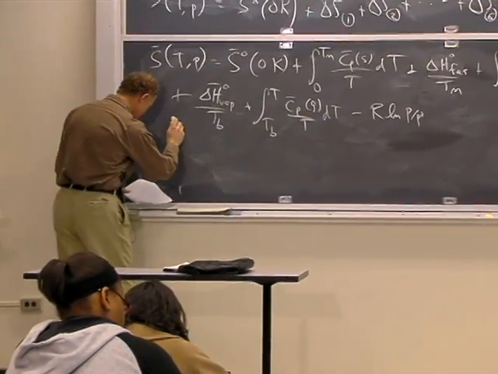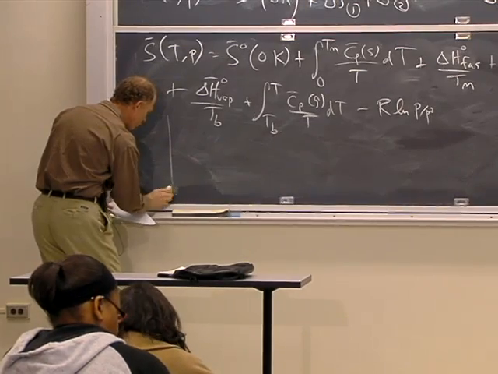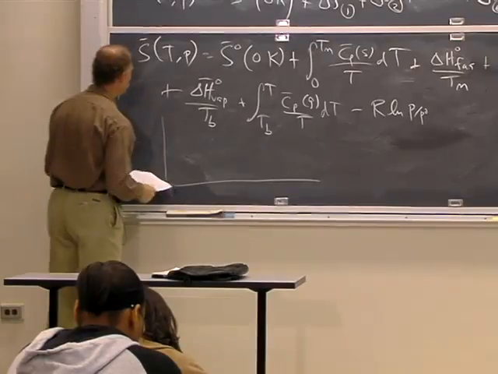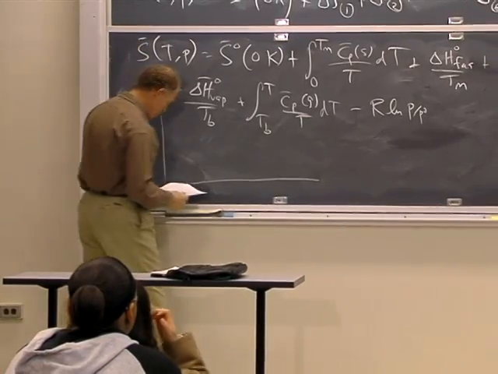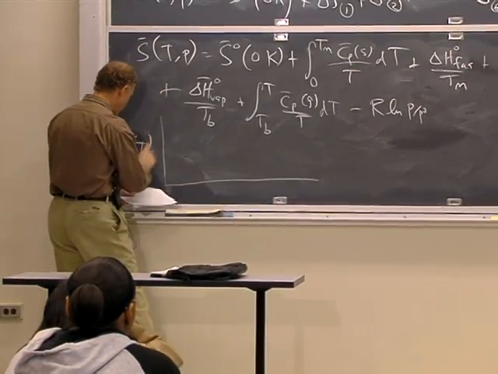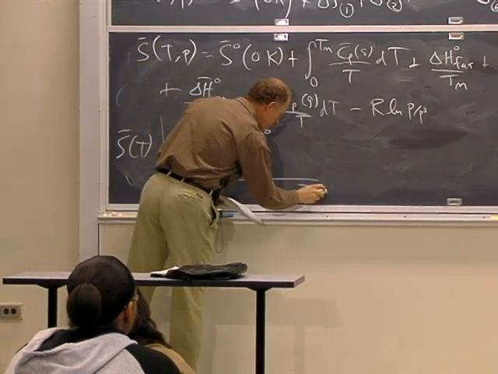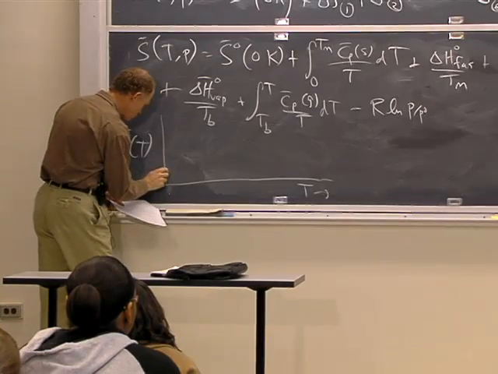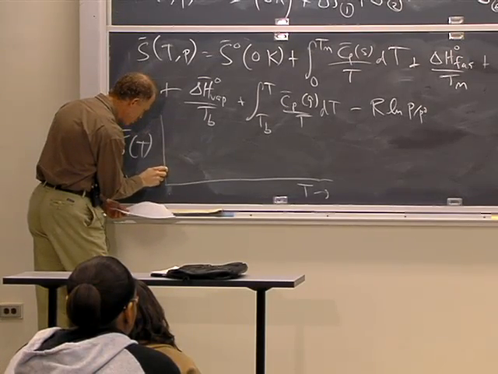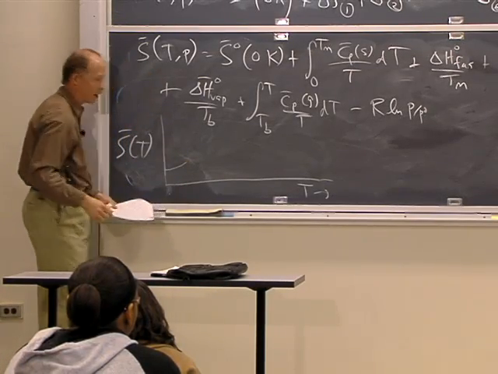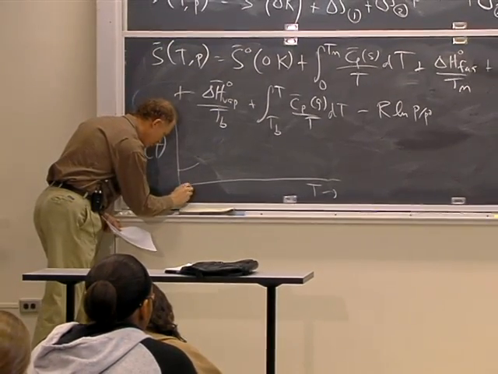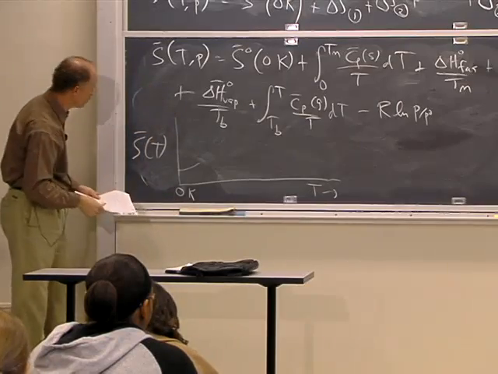So if we plot S as a function of temperature, I don't have pressure in here explicitly. It's going to change as I warm up the solid. So we're really starting at 0 Kelvin.